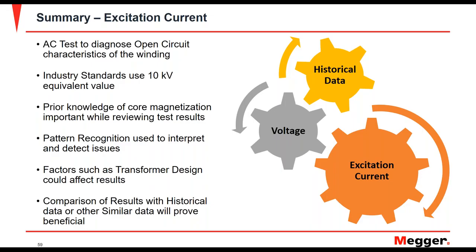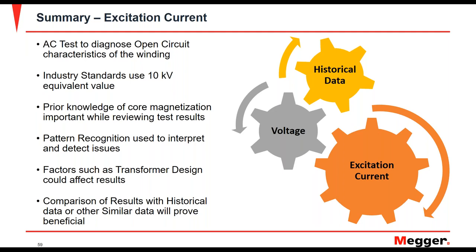So you energize windings at 10 kV and you report the excitation current. Now, if you do not have the 10 kV value because the transformer is not rated or the 10 kV is not achievable, an equivalent value is available. However, it needs to be noted that linear approximation is used. So when you're comparing test results, you need to be cognizant of that fact.